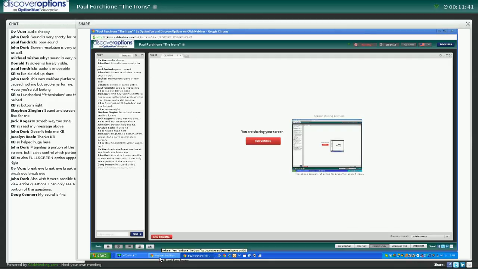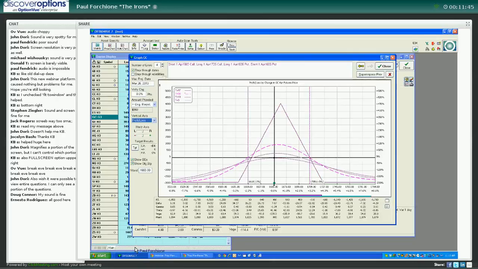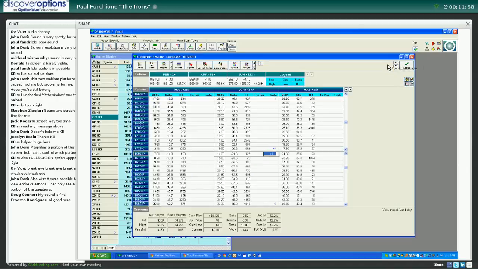Okay. Let's go back to my screen sharing and continue the process here. So we're looking at an iron butterfly where I showed you if we widen out the wings, we can broaden the graphic analysis. Now, if we were to contrast this to an iron condor, you will see how we can broaden this graph out even more.